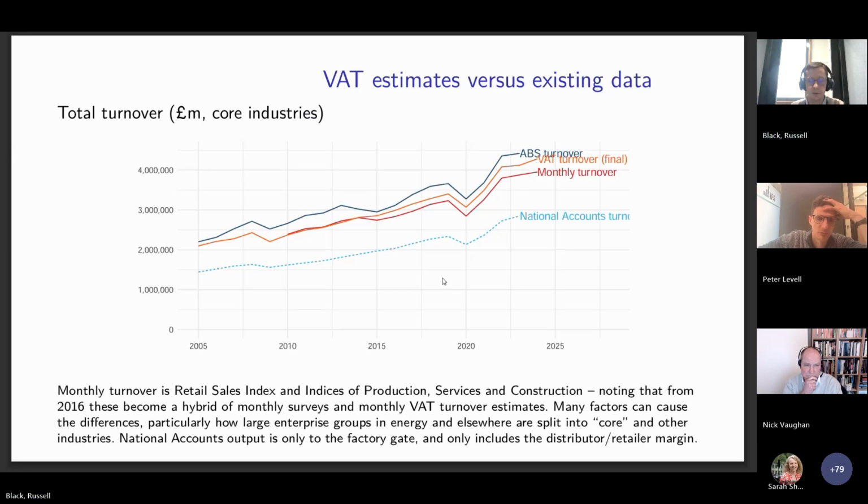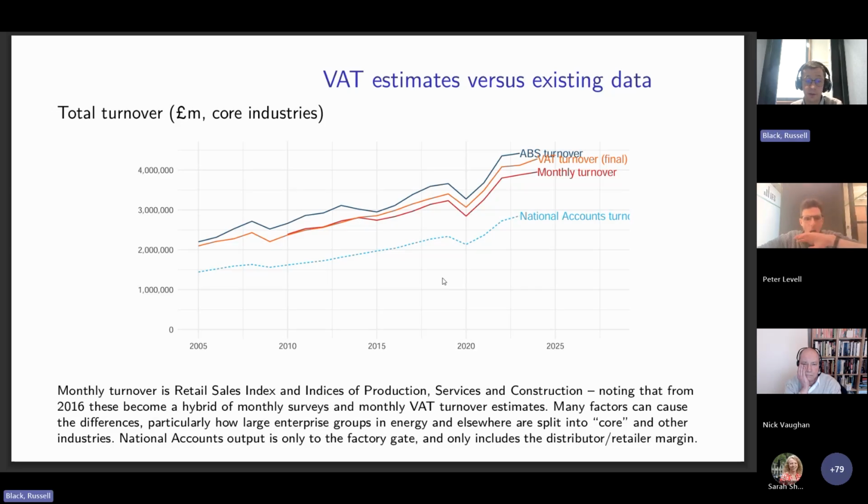So starting off with the VAT turnover, this is VAT turnover over time in trillions of pounds versus the total from the annual business survey, the total from the ONS's monthly business surveys, and the total from national accounts, although the national accounts doesn't include retail, so that's only a dotted line here.